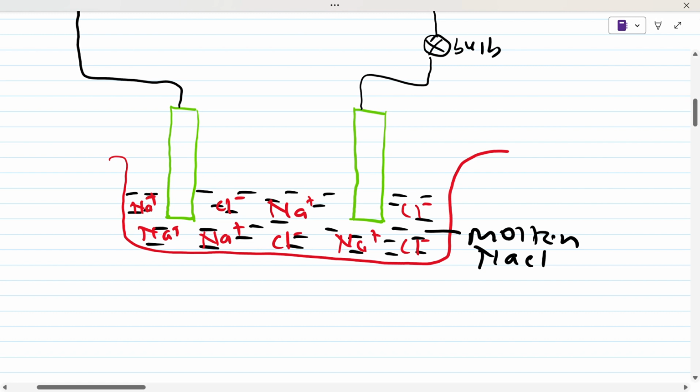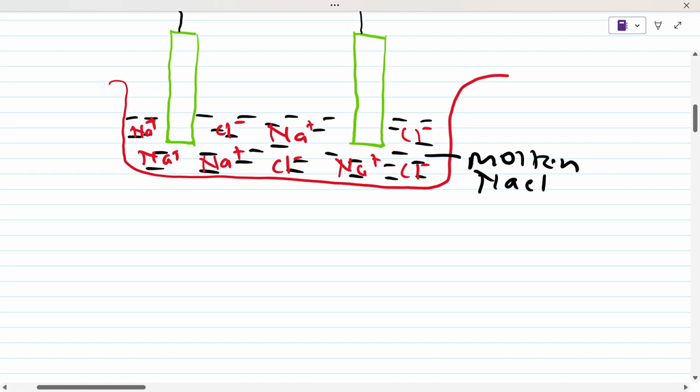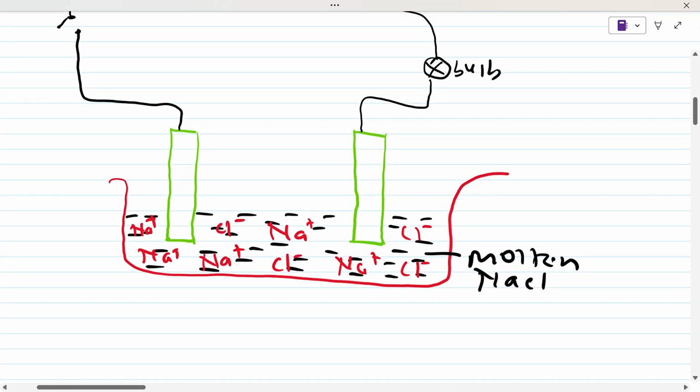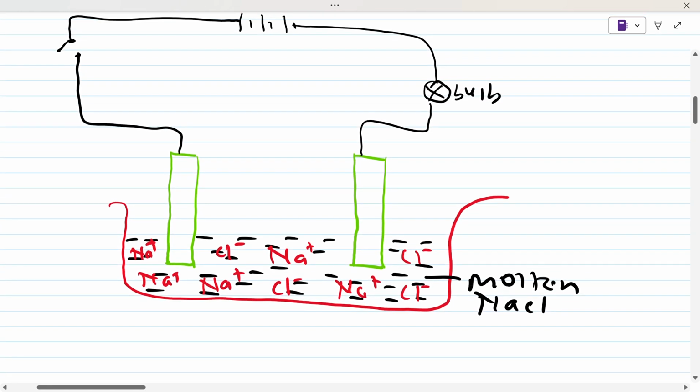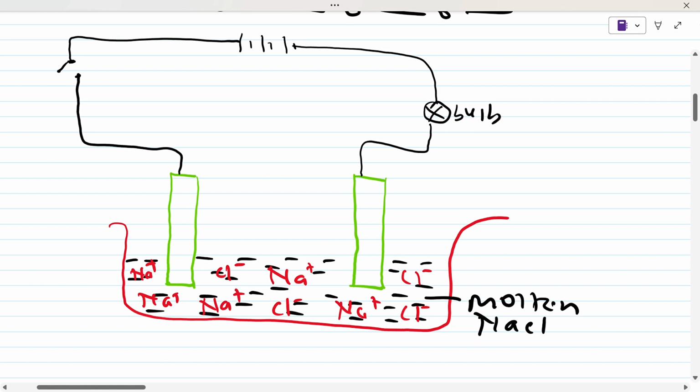Now, the next thing that I need to know is which electrode is which. And we can really know that when we look at the source, or the battery. In physics, you are taught that the longer bar denotes the positive terminal, and the shorter bar denotes the negative terminal.